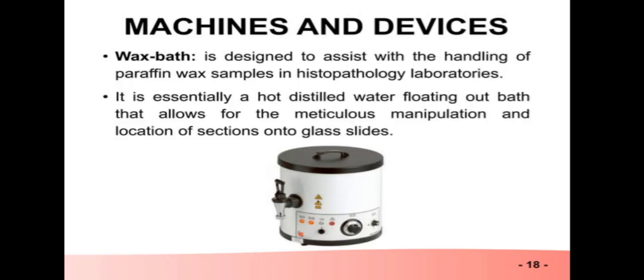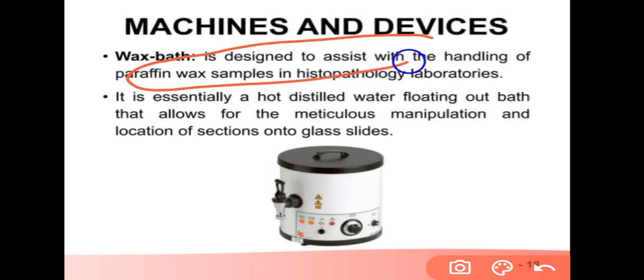Wax bath, that is useful in the histopathology lab. It is essentially a hot distilled water floating bath that allows meticulous manipulation and location of the section onto the glass slide.